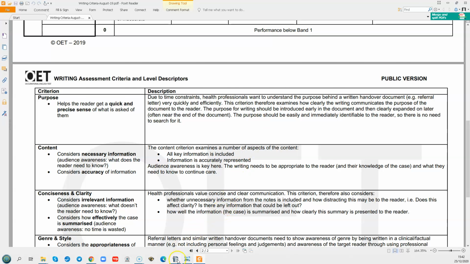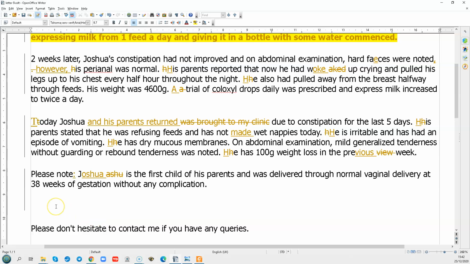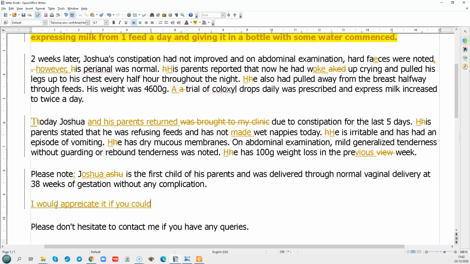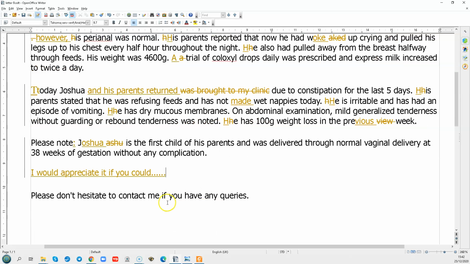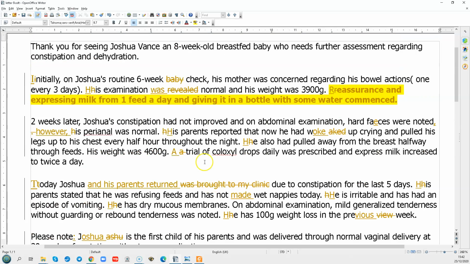You're supposed to do something such as that. So you do your, I would appreciate it if you could, and then whatever the request is, that's the usual way, or something such as that. Okay, so you're supposed to restate the purpose. Don't hesitate to contact me if you have any queries. Okay.